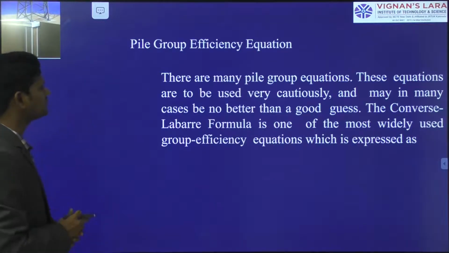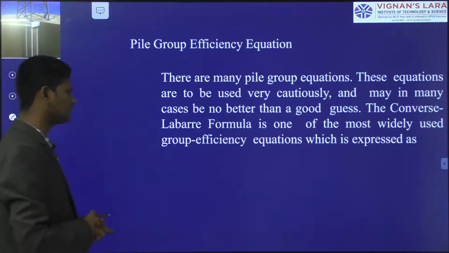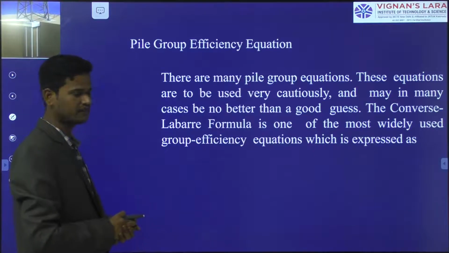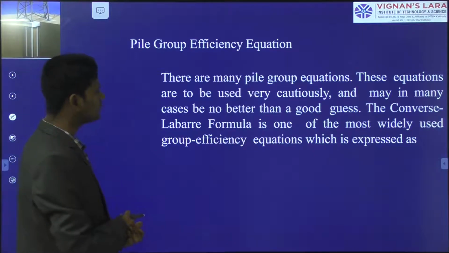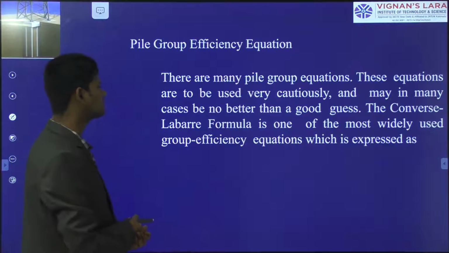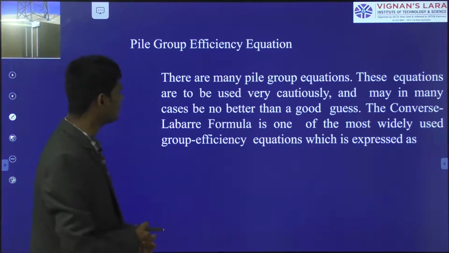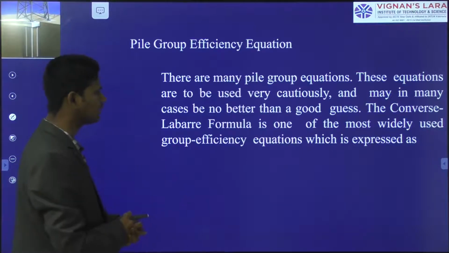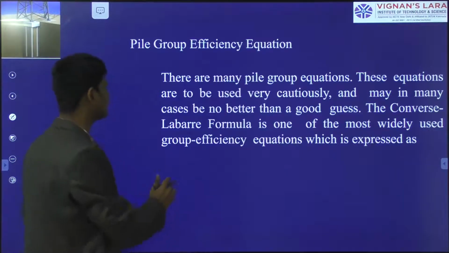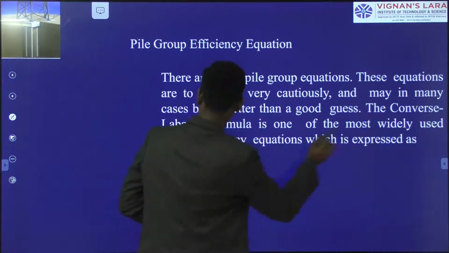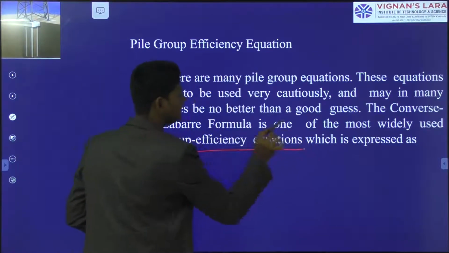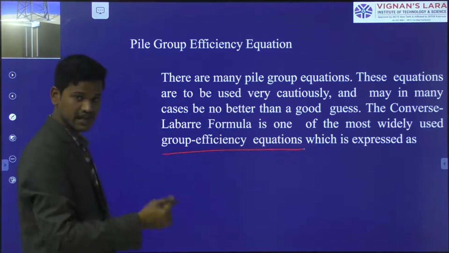For the pile group efficiency equation, we have one formula, the Converse-Labarre formula. There are many pile group equations. These equations are to be used very cautiously and in various cases may be no better than good guesses. The Converse-Labarre formula is one of the most widely used group efficiency equations, which is expressed as follows.